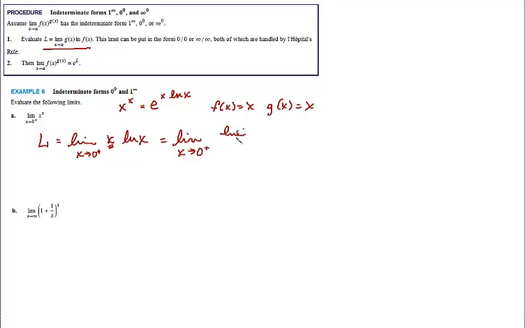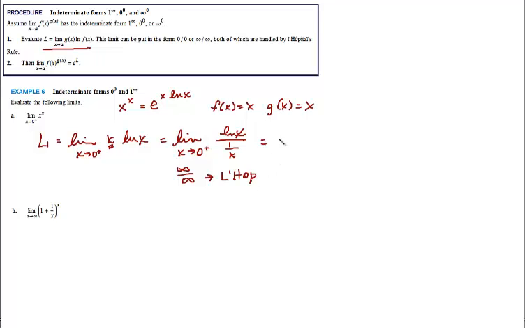Natural log of x over 1 over x. That will allow me, because 0 from the right, then this guy is going to infinity, and this guy here with the 0 in the denominator, that's going to infinity, so I have this infinity over infinity form, meaning I can use L'Hopital.